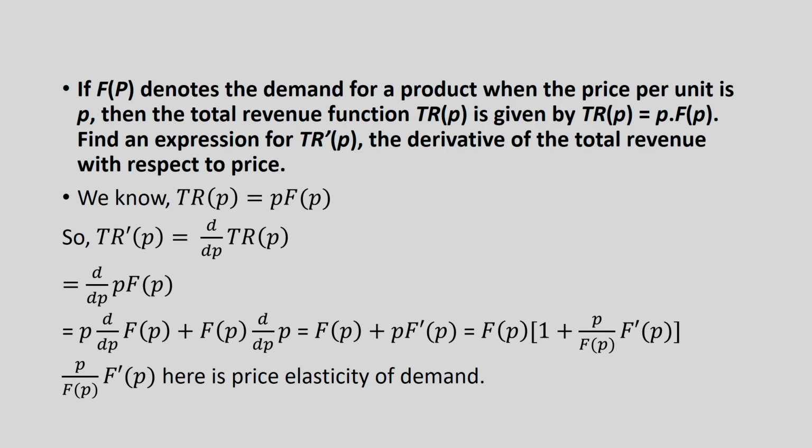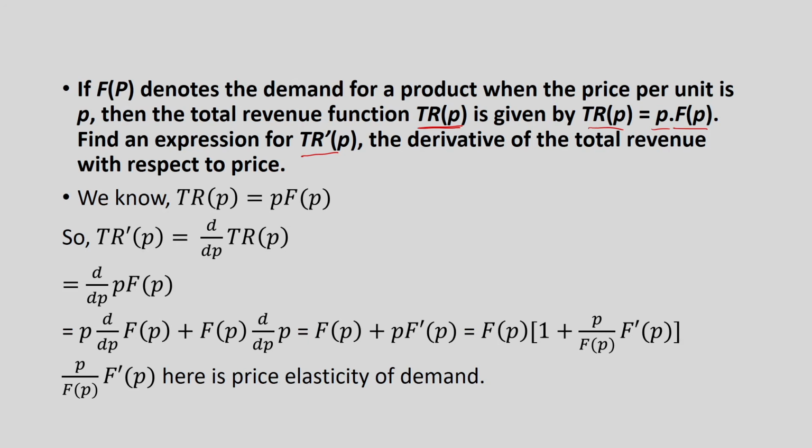If f of p denotes the demand for a product when price per unit is p, then the total revenue function TR(p) is given by TR(p) equals p multiplied by f(p). Find an expression for TR prime p, the derivative of the total revenue with respect to price. Okay, that is what we are supposed to do.